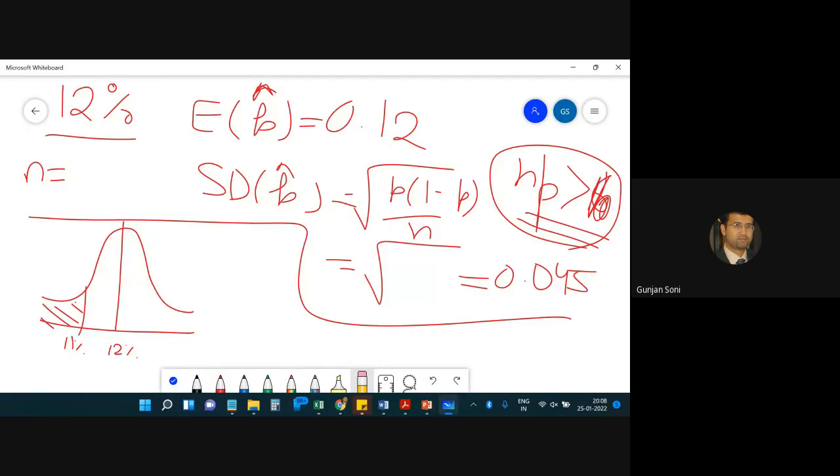Why did we make it 100? Because the n into p value was not coming out to be greater than 10. Now n is 100. So what is the new standard deviation which we get? The new standard deviation would be 0.032.